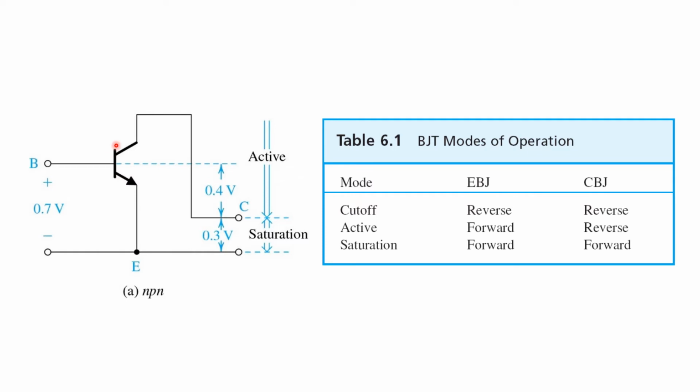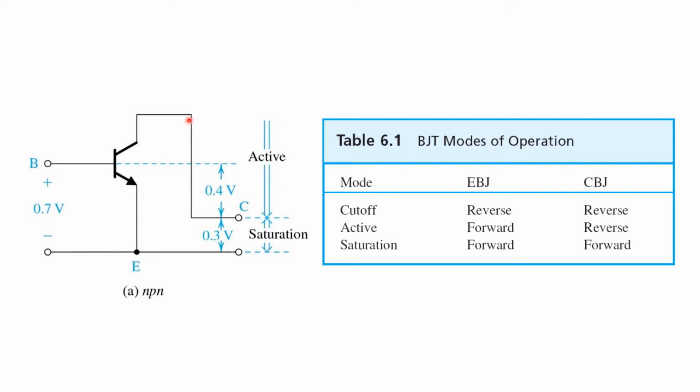That is, we cannot have a strong forward bias between base and collector and still be in active mode. So we found that the transistor remains in active mode as long as a forward voltage drop of no more than 0.4 volts is applied between base and collector.